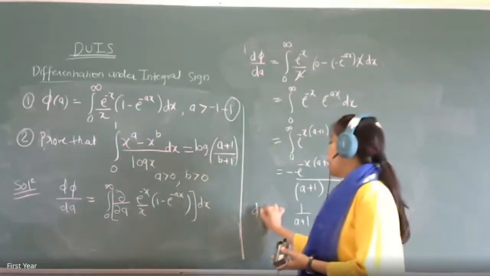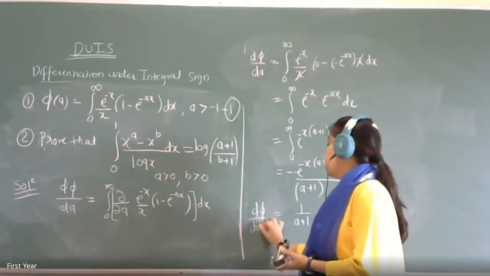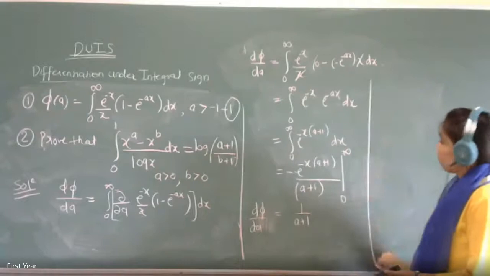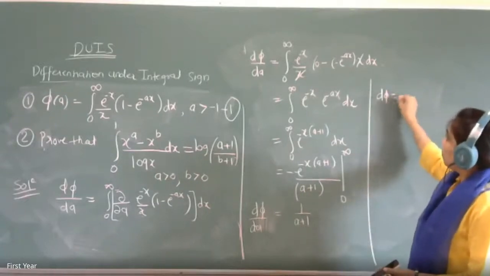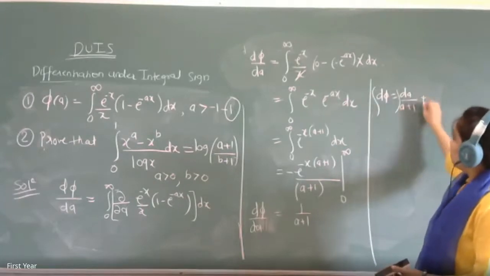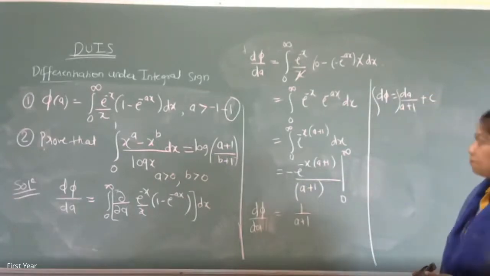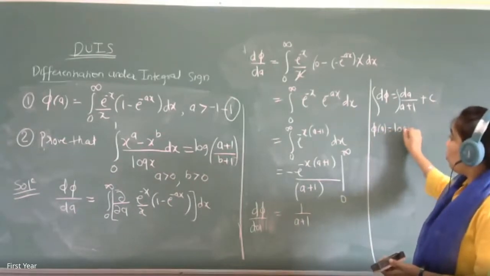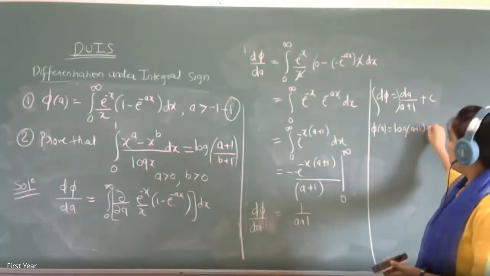So dphi by da is equal to 1 upon a plus 1. This is a differential equation which is variable separable, and therefore dphi is equal to da upon a plus 1, integrate, plus constant of integration c. Therefore phi of a is equal to log of a plus 1 plus c.